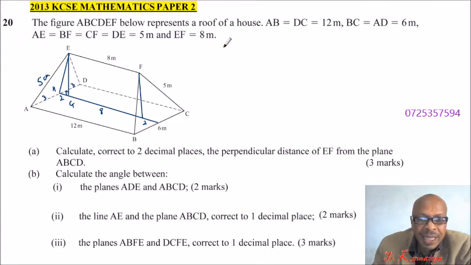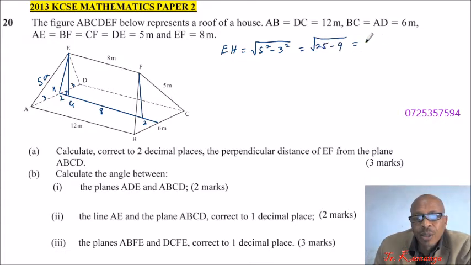We say EH is equal to the square root, because it is a right angle triangle, of 5 squared minus 3 squared, which is the square root of 25 minus 9, which is the square root of 16, which is equal to 4. So this side here is 4.